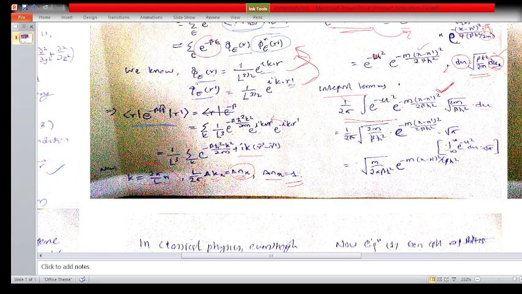Similarly, we will have a term with 1 by 2 pi integral e raised to minus u square, e raised to minus m (y minus y dash) whole square by 2 beta h cross square, root 2m by beta h cross square du. Then multiply with 1 by 2 pi integral e raised to minus u square, e raised to minus m (z minus z dash) square by 2 beta h cross square, root 2m by beta h cross square times du.